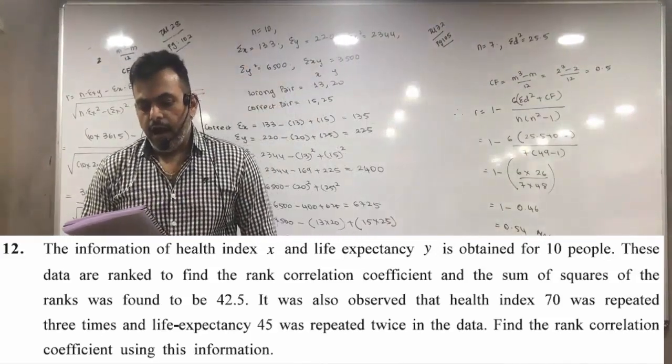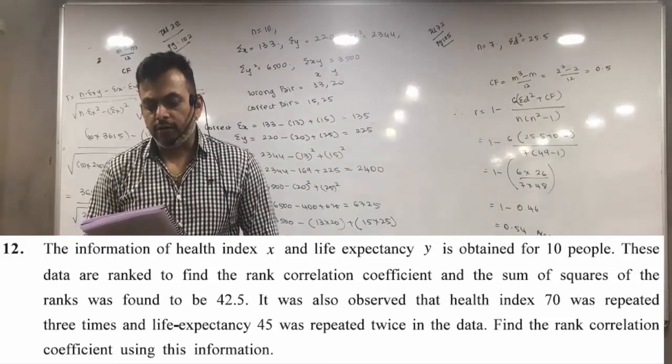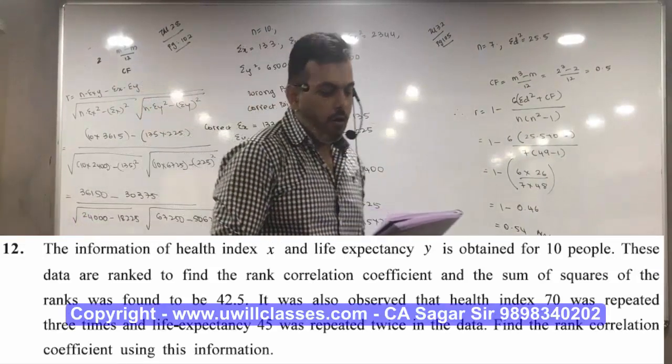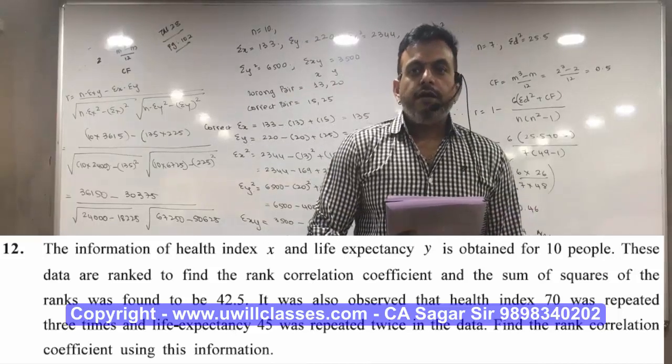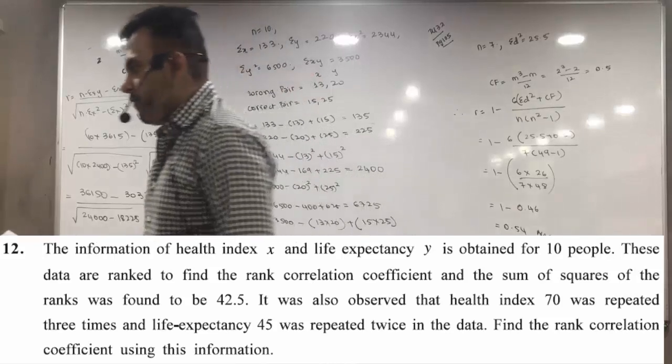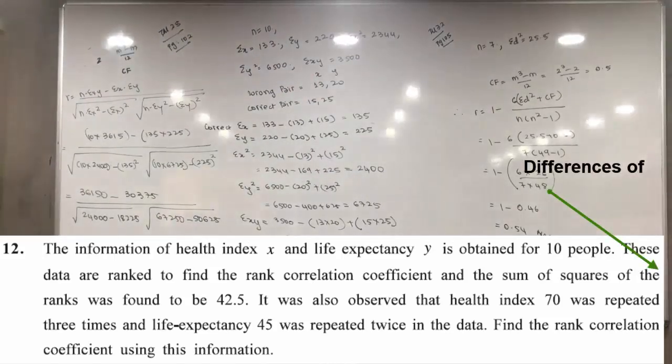These data are ranked to find the rank correlation coefficient and the sum of square of the differences of rank was found to be 42.5.